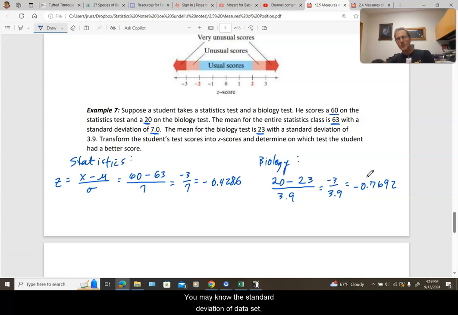You may know the standard deviation of a data set, but until you actually compare it with the mean, you don't really know how large it is. You can see that this value is actually a little bit larger than the other value. On both tests, he scored below the average, which isn't great. But here he was closer to having scored average. So he scored better on the statistics test.